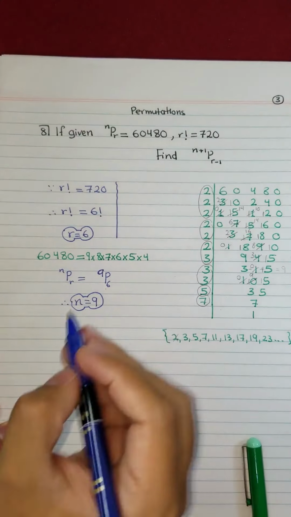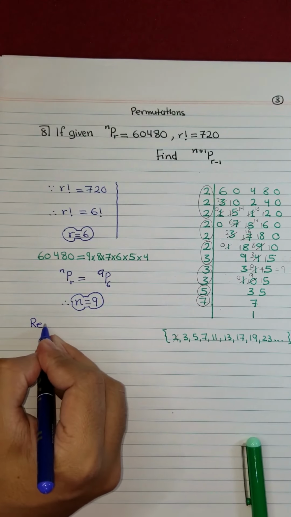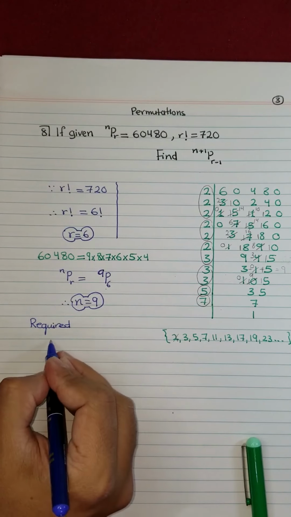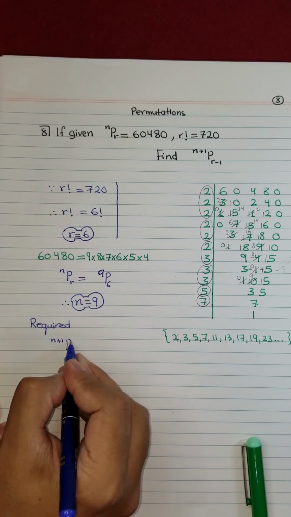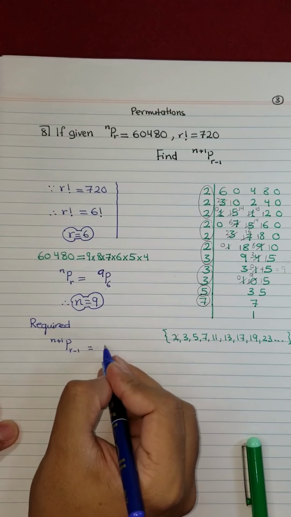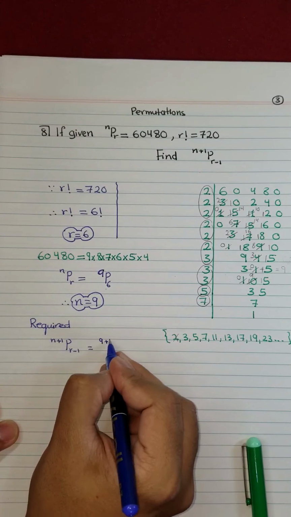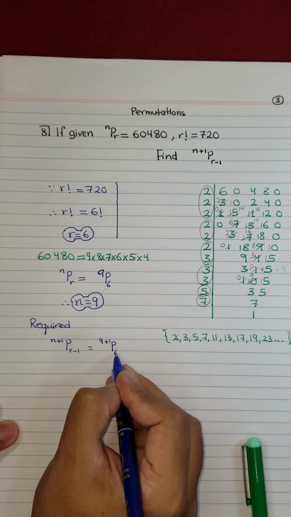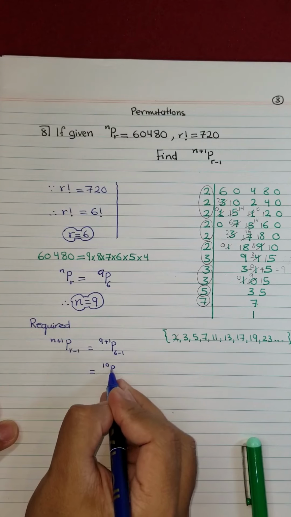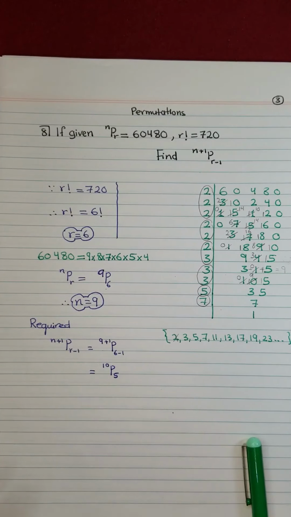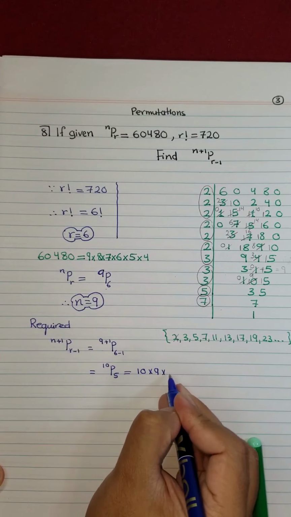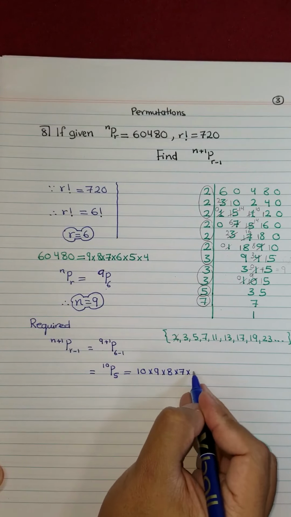Now what you need to know is what's required. We need to find n plus 1 permutation R minus 1. N plus 1 is 9 plus 1, so this is 9 plus 1 permutation 6 minus 1, which means 10 permutation 5. And then if you want to evaluate that, you can say it is 10 times 9 times 8 times 7 times 6.